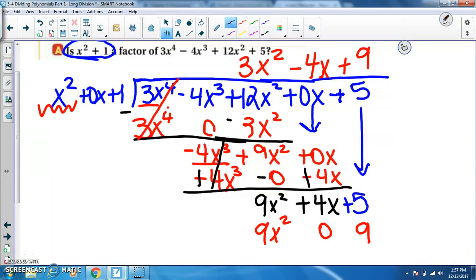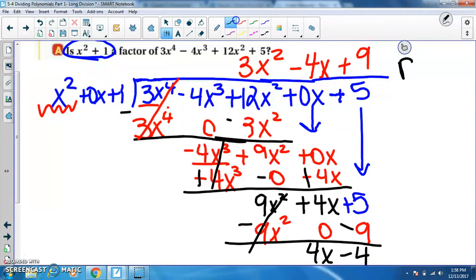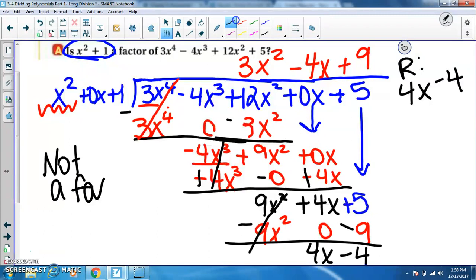And subtract. 9x squared minus 9x squared cancels. We're left with 4x minus 4. Since 4x minus 4 has a lower degree than x squared plus 1, the remainder is 4x minus 4. And since we have a remainder, this is not a factor.